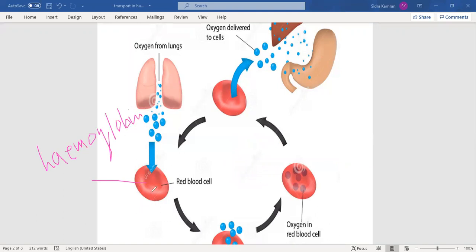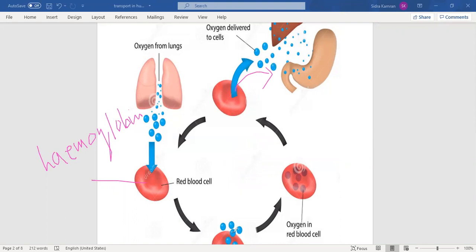This hemoglobin on the red blood cells takes oxygen and moves towards the body. It provides oxygen to the cells of different organs. Here you can see the stomach, the liver. So these red blood cells give oxygen to the different organs of the body.